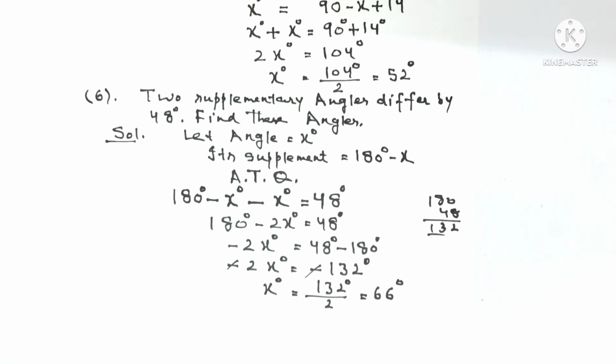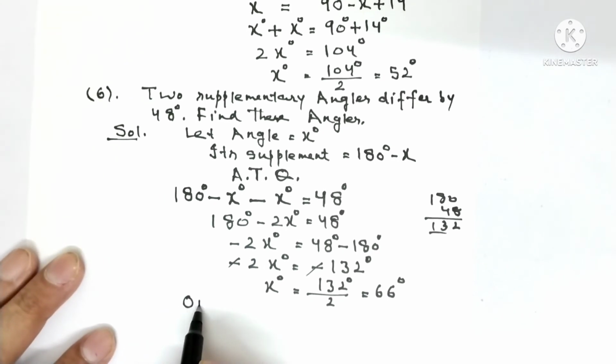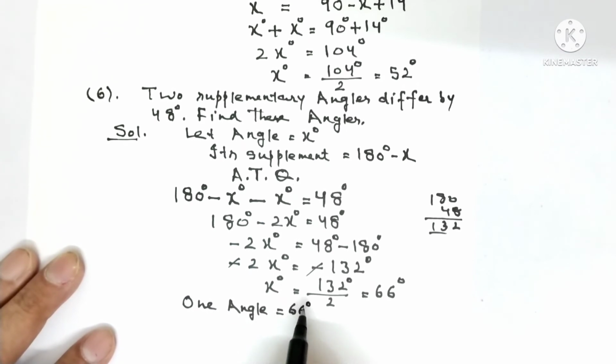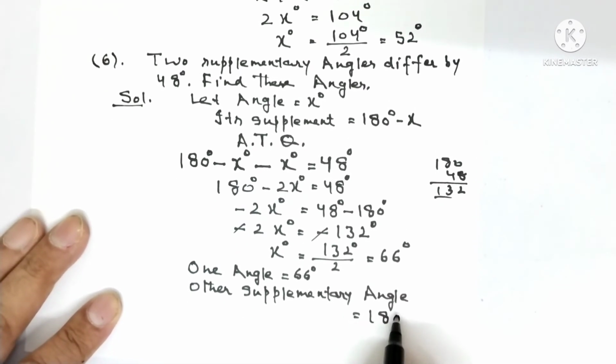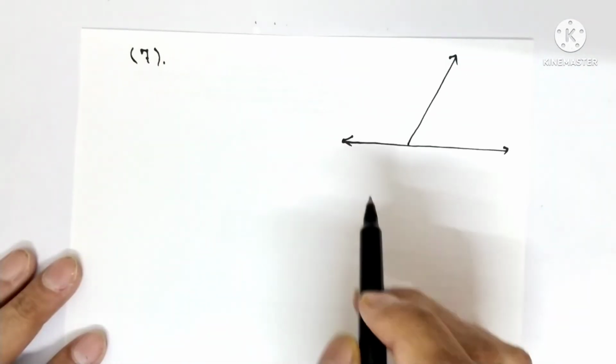So the answer will be one angle as 66 degree, and the other supplementary angle will be 180 degree minus 66 degree. So 10 minus 6 is 4, 7 minus 6 is 1, and this is 114 degree.